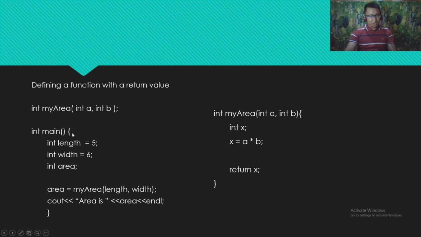I have declared the function here without the definition, and I also have the main function. I declared three variables. The program will compute the total area from the length and the width. I have here the variable area, which is the storage of the result.